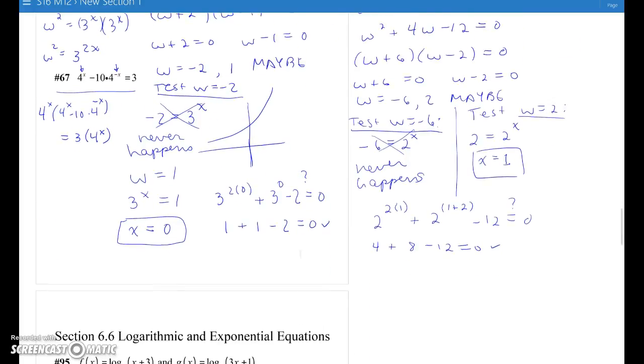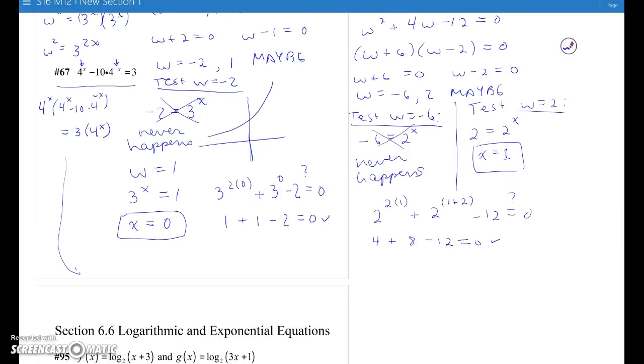So now when you work on this problem, you're going to say, oh, 4 to the x times 4 to the x is 4 to the x plus x, or 4 to the 2x, minus 10. 4 to the x times 4 to the negative x is 4 to the 0, which is 1. And that's going to equal 3 times 4 to the x. So now I need to subtract the 3 times 4 to the x from both sides.